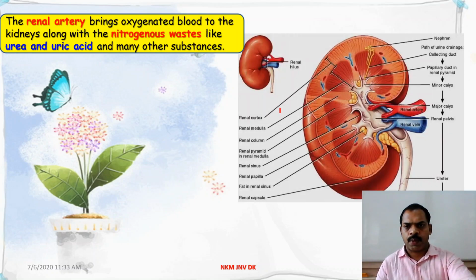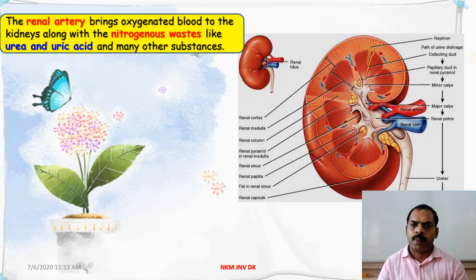So this is how it happens. Again I am telling the same thing. The renal artery is bringing the blood into the kidney, containing waste material, urea and uric acid, and many other substances like drugs, etc. that are not required. If we consume a B complex tablet, B complex is good for us.